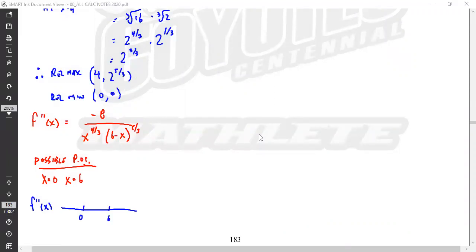We plug those in for f double prime. What do we get? The numerator is always negative. When x is -1, say, x to the 4/3 is positive because we have an even numerator in that exponent. 6 minus -1 to the 5/3 ends up being positive, makes this zone negative.